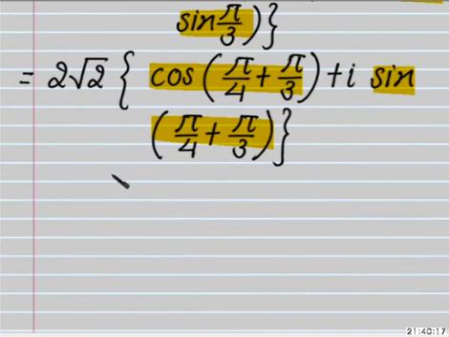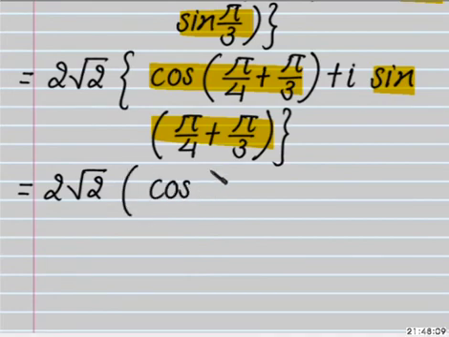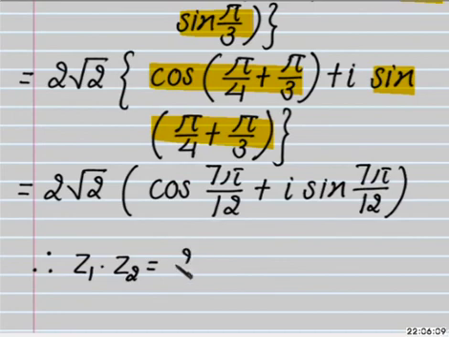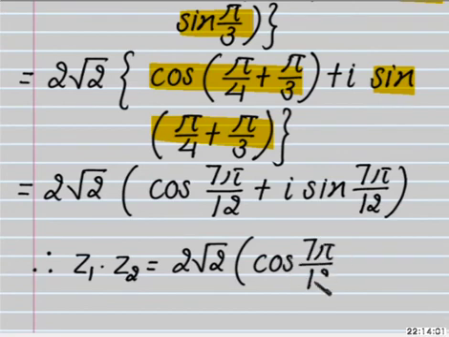So it is equal to 2 into square root 2 into cos 7 pi by 12 plus iota into sin of 7 pi by 12. So therefore Z1 into Z2 is equal to 2 into square root 2 whole multiplied by cos 7 pi by 12 plus iota sin 7 pi by 12.